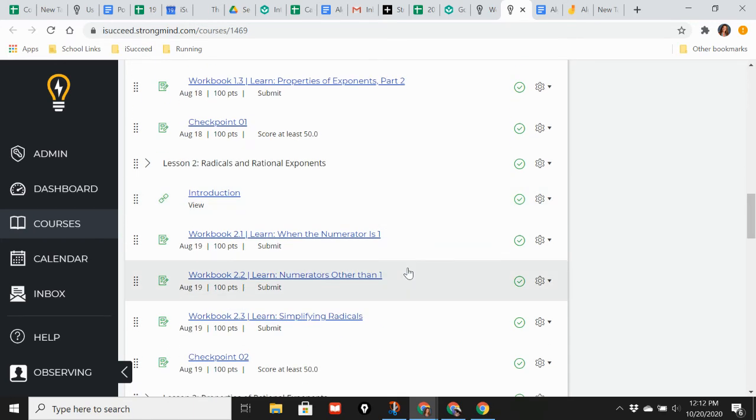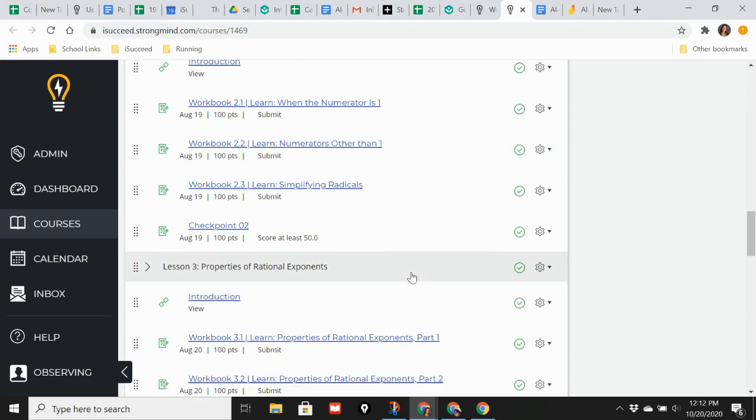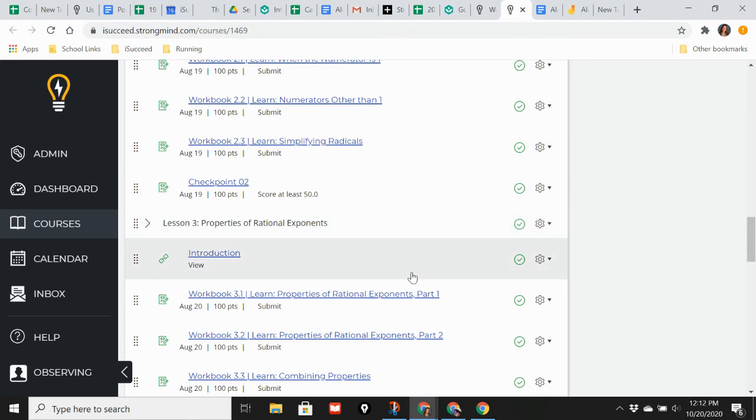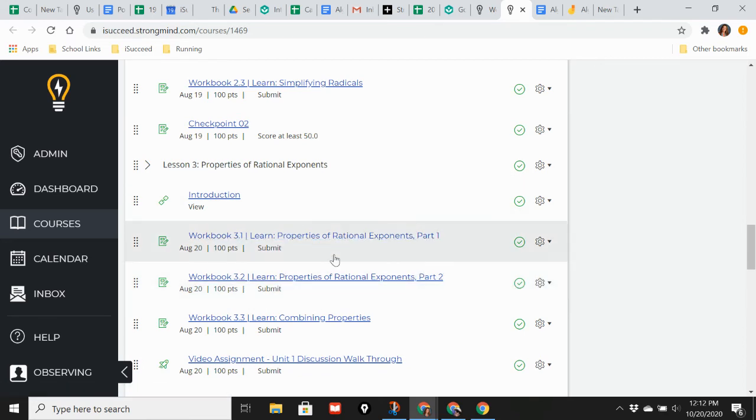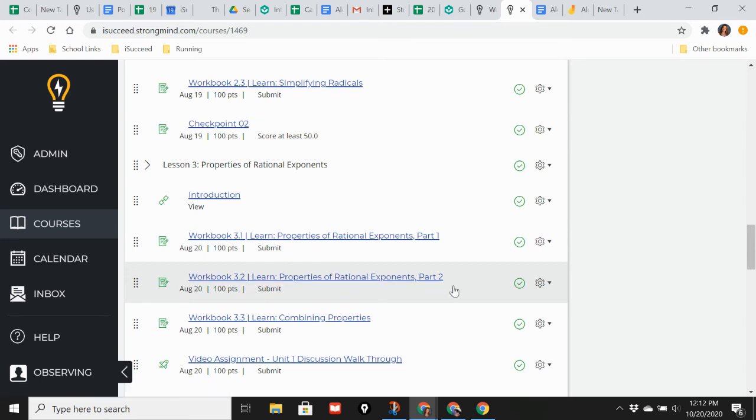Okay. I've got some properties here in lesson 2, but it's more about radicals, which have an inverse relationship with exponents, so that's something to keep in mind. But for answering this particular question, it looks like properties of rational exponents, part 1 and part 2, might be more enlightening.